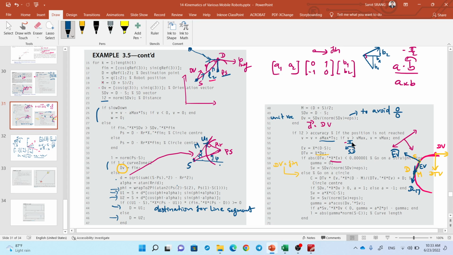And if velocity is greater than Vmax, we constrain it to be just Vmax. We cannot let it be higher than the maximum.